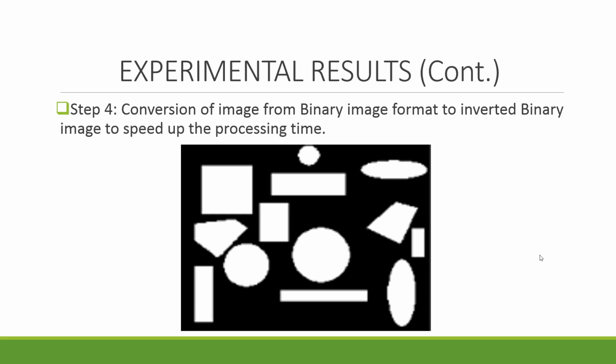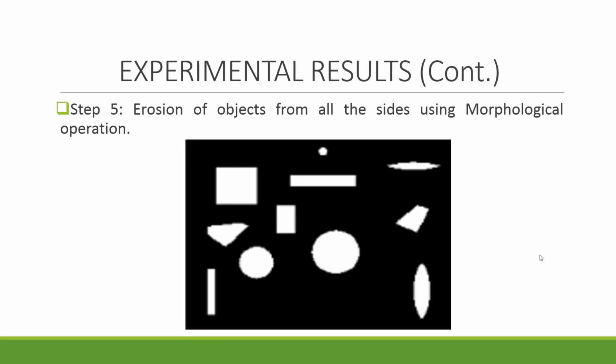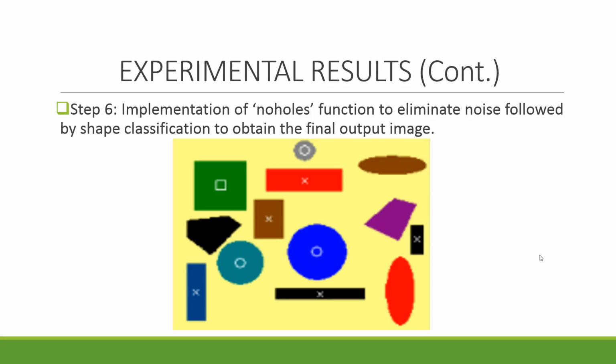Conversion of image from binary image format to inverted binary image to speed up the processing time. Step 5. Erosion of objects from all the sides using morphological operation. Step 6. Implementation of no-holes function to eliminate the noise followed by shape classification to obtain a final output image.